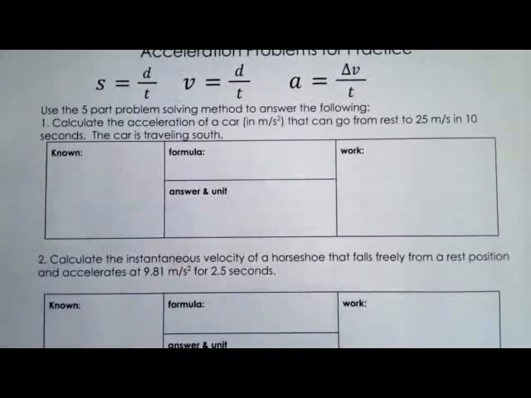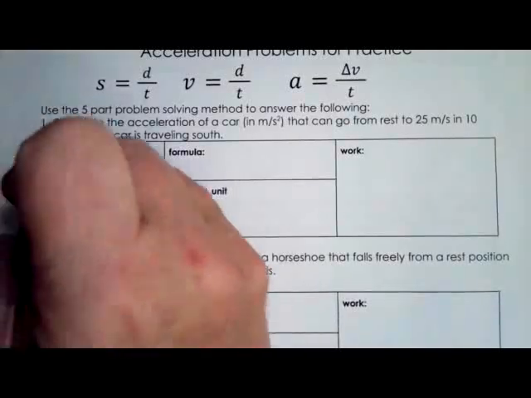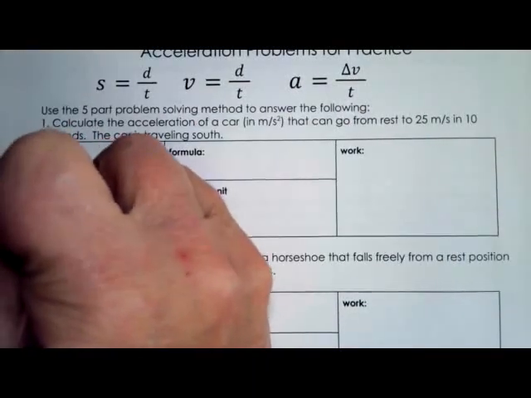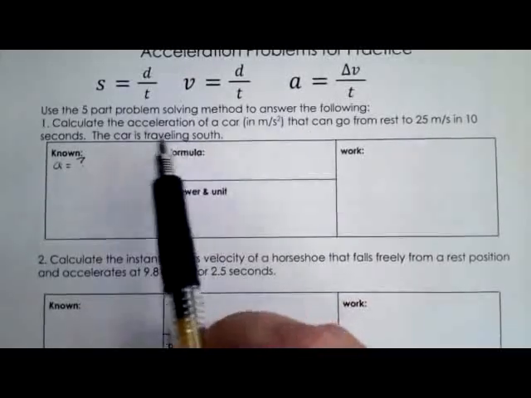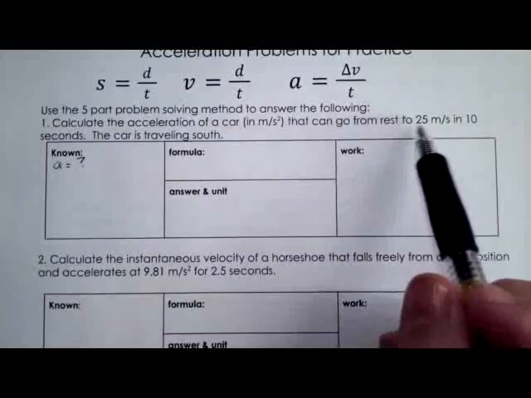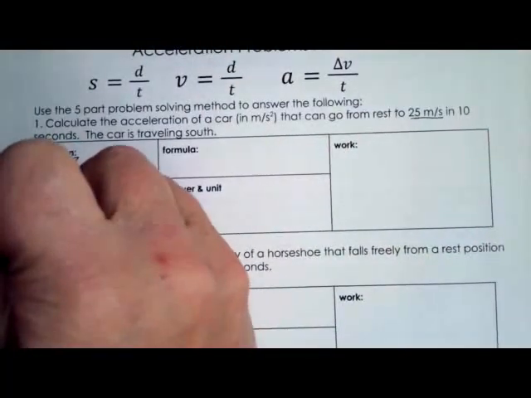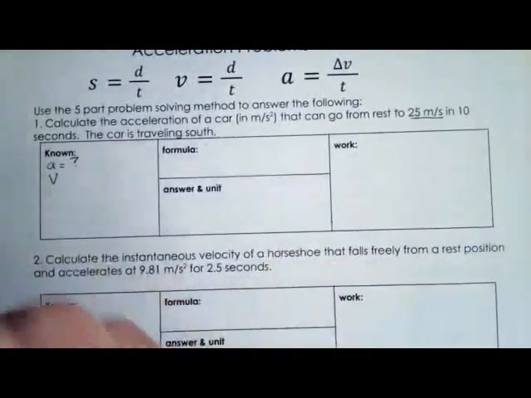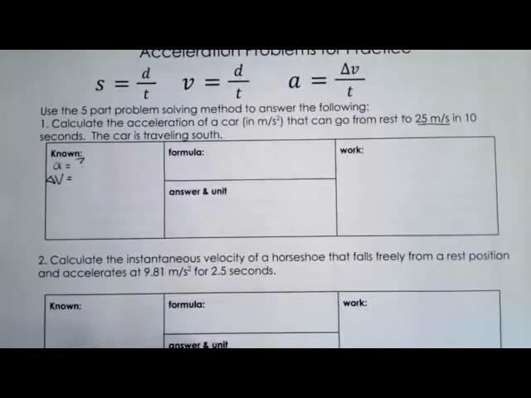So let's do the first one, calculate the acceleration. Following the 5-part problem solving method, we have acceleration, and we don't know what that is. Calculate the acceleration of a car that can go from rest to 25 meters per second. Meters per second is a velocity, and since it's starting at rest, that number represents the change in velocity.